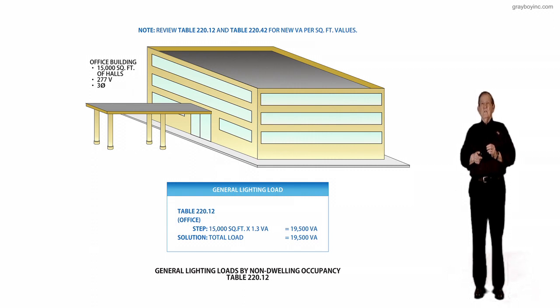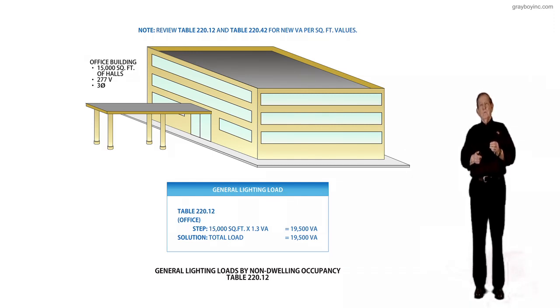Now, one other thing, the note points out that Table 220.12 and Table 220.42 for new VA per square foot values are still applicable under certain conditions, and other conditions no. So review the table very carefully and notice that it doesn't say office building anymore.